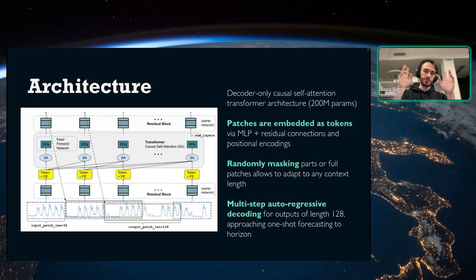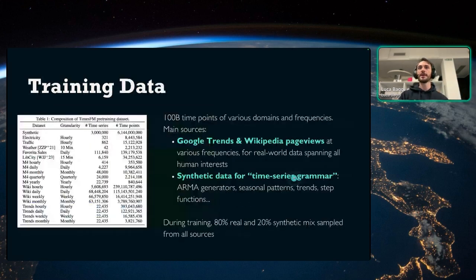And then for the rest, let's just put it straight to be concise, it's just a regular machine learning transformer architecture. And then they use more than 100 billion data points, in the order of 100 billion data points, to train this model. So a lot more data than what you're used to seeing, including a lot of data from Wikipedia.